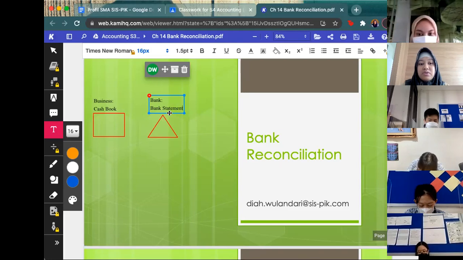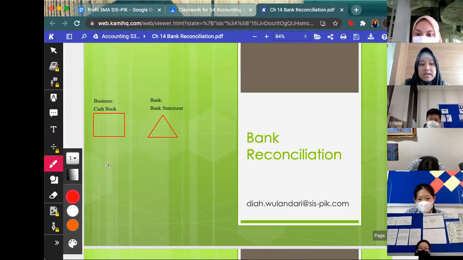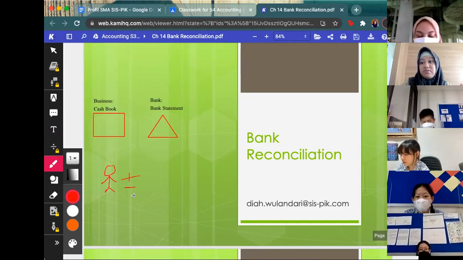So the point is, let's say this is you. You will record every single money that is in and out in your own notes, right? Of course, that is your money, you have to keep a record of that.